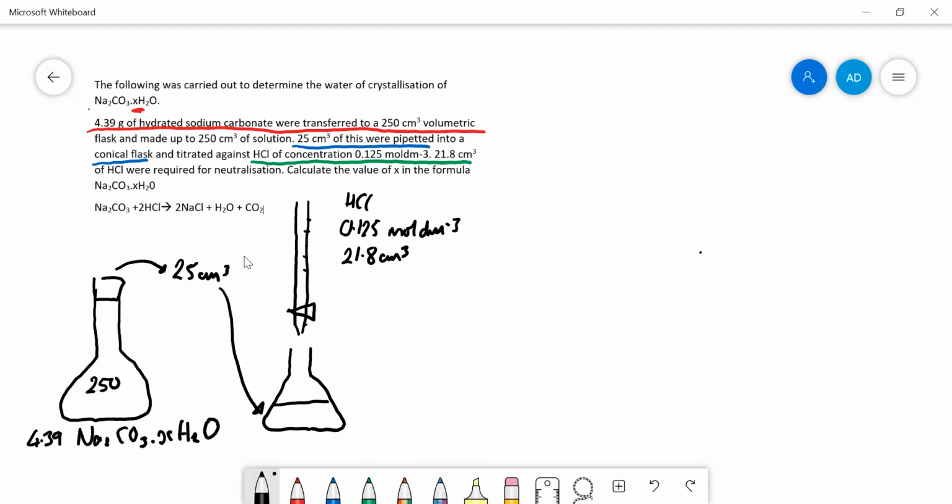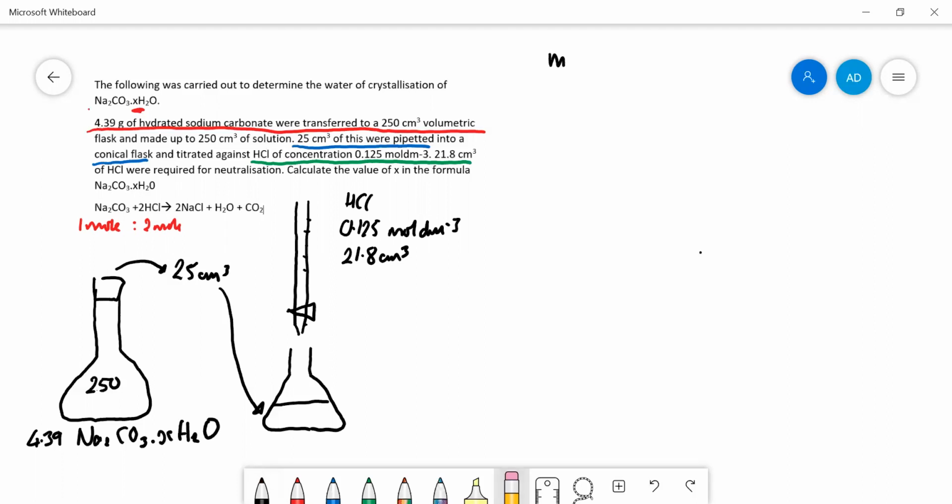Okay. And let's look at our equation. We should be getting familiar with this equation now. Look, it's 1 mole of the sodium carbonate reacts with 2 moles of the hydrochloric acid. Okay, so what can we work out? Let's put our equations up here as usual.